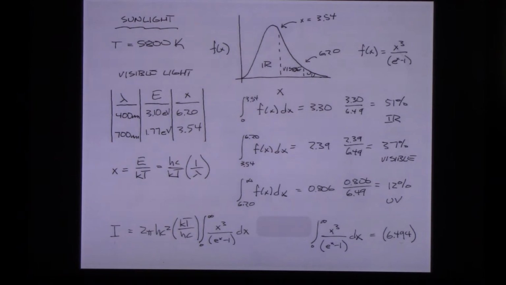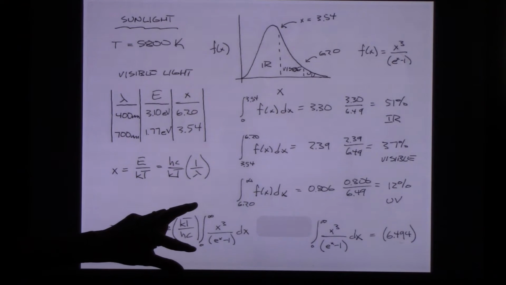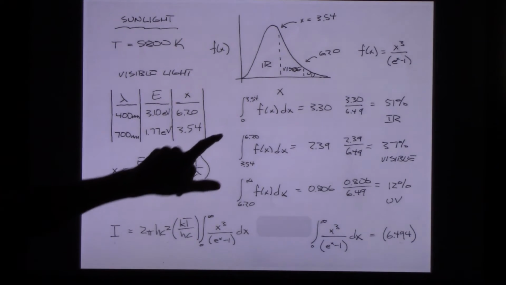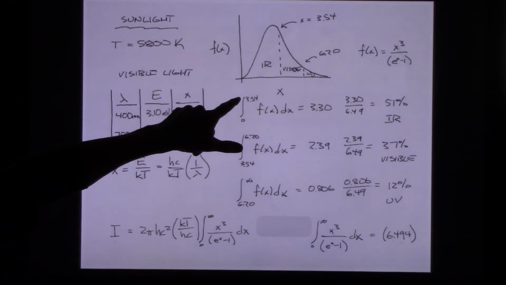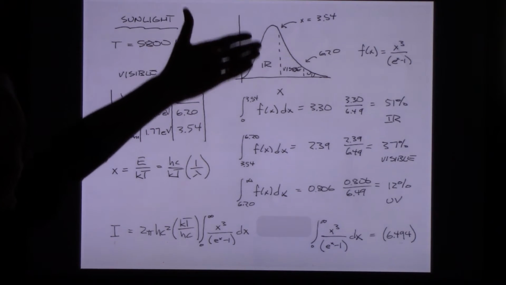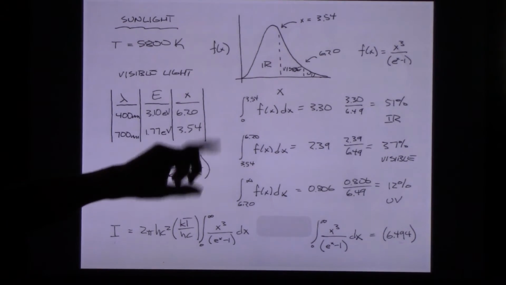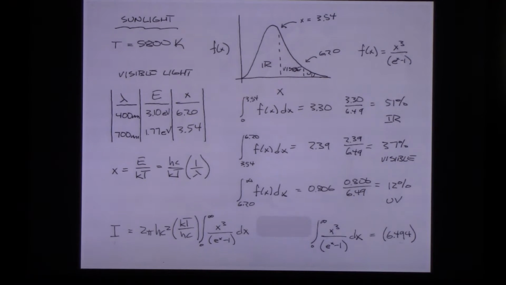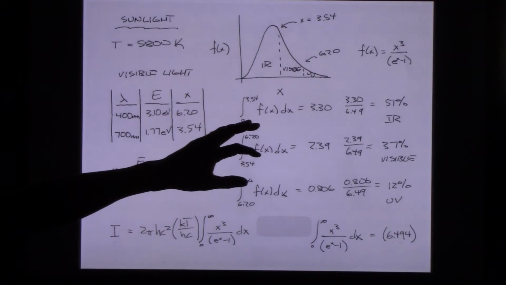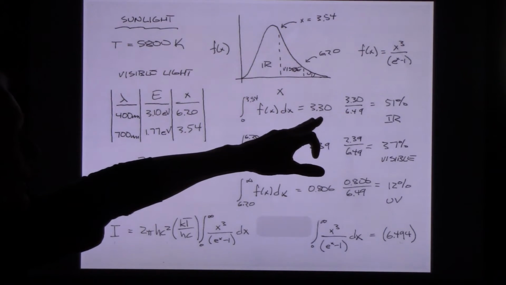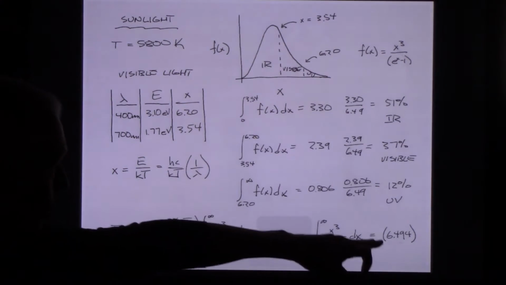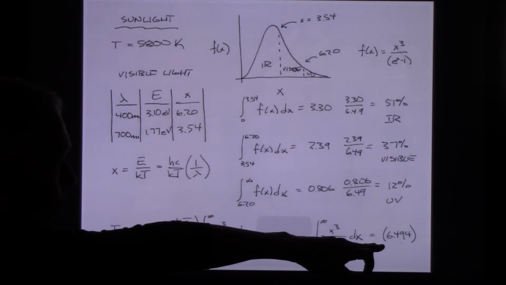What I did was I subdivided this integration. I integrated, first of all, from x equals 0 to 3.54. Now that's going to give me all the bins of that function that correspond to the infrared part of the spectrum. So by doing 0 to 3.54, I ended up with 3.30. Now that's compared with a total integration of 6.495.